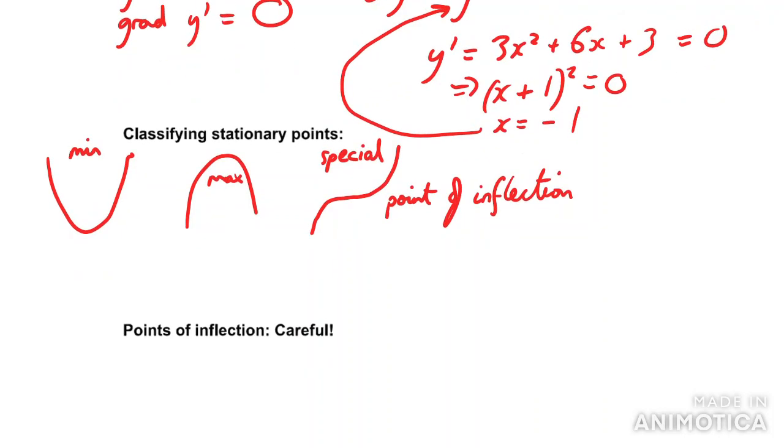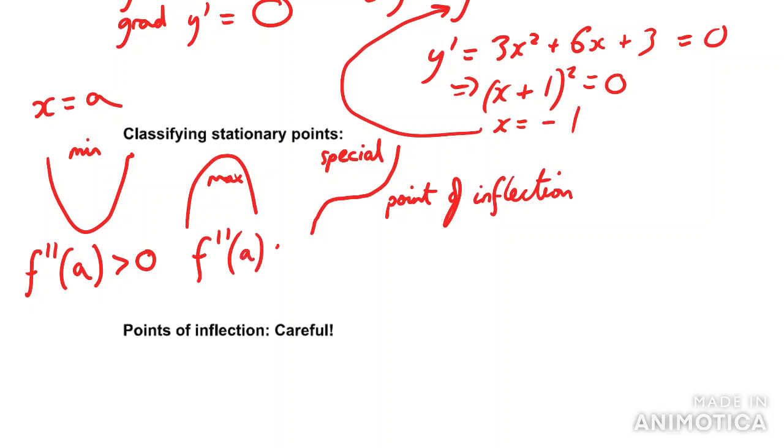Now, what can we say for all of these? Well, if the stationary point occurs at x equals a, then a minimum must have the second derivative at that point greater than 0. A maximum needs a second derivative at that point less than 0, and a special point of inflection will have f dash dash a equal to 0.